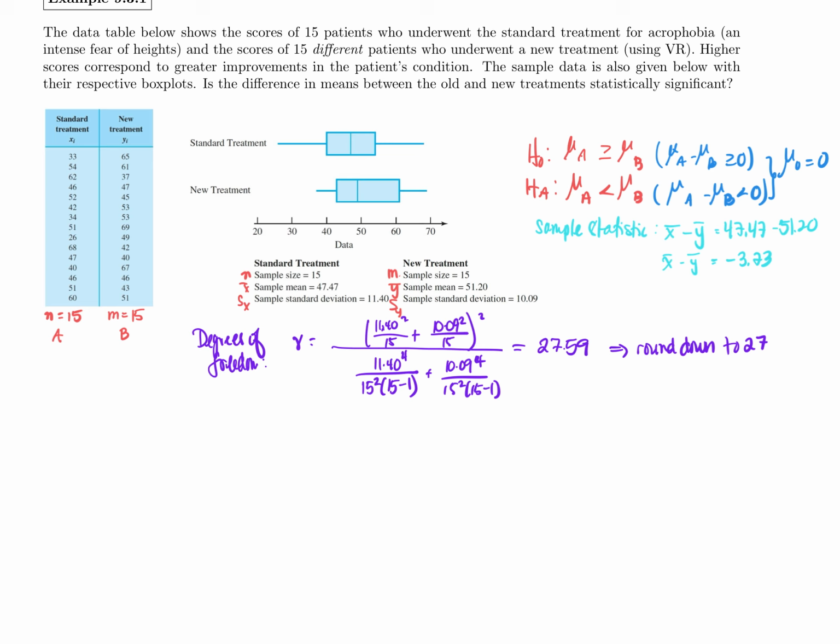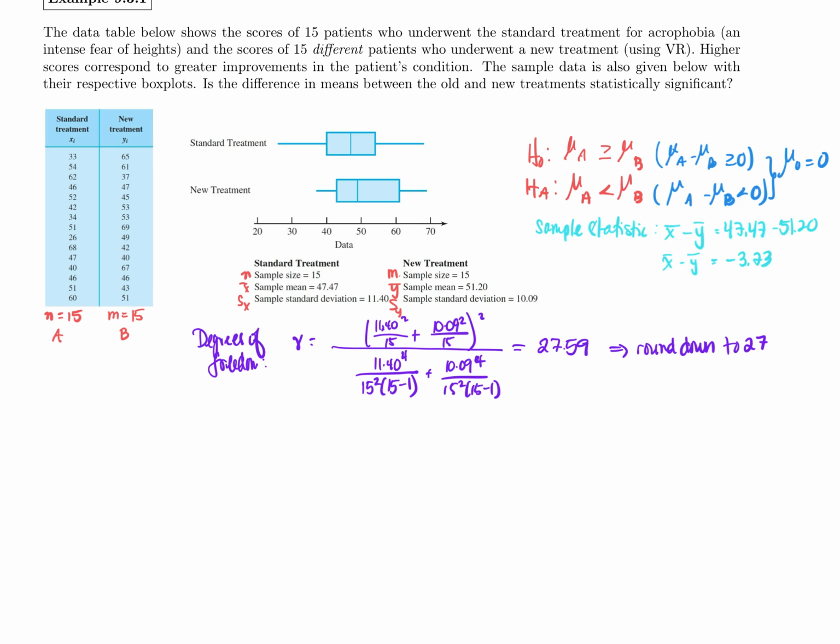And so we can't let a fraction of a degree of freedom move us closer to that normal. We go with our worst case scenario and assume that variance is playing a bigger role in this case. So we'll round down every time. So our degrees of freedom now is 27.